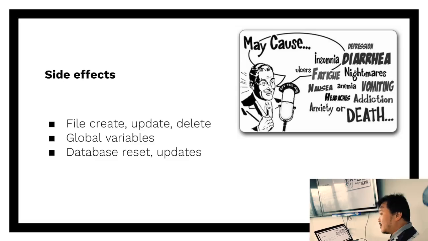Side effects. Similarly, anti-patterns in unit tests include whenever you do a file create, file update, or file delete, which is what you do with I/O operations. Anytime you modify global variables, you need to be suspect as well, and anytime you do database resets, updates, or mutations.